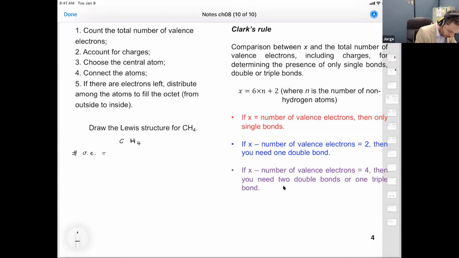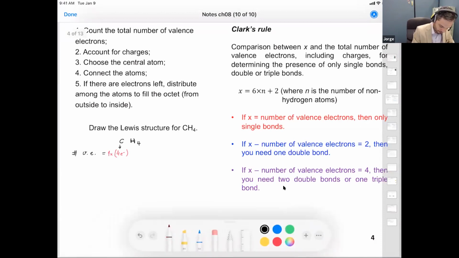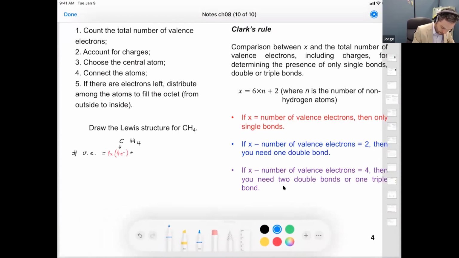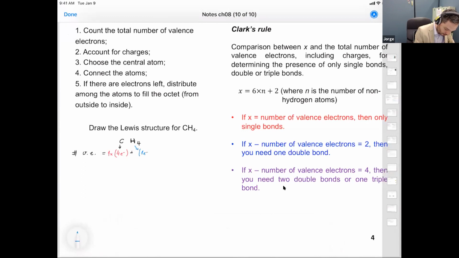Carbon belongs to group 14, so therefore it has 4 electrons. And attention here, we just have one atom of carbon, therefore times 1. Plus the number of valence electrons for hydrogen. So that's very easy, 1 electron.